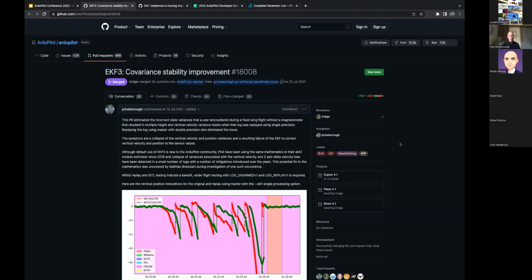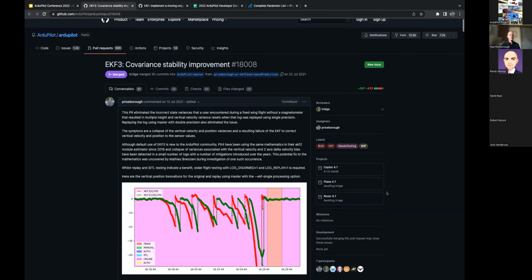So what this effectively means is that if you have a good quality IMU, we can now afford to turn down the process, or if you like, the IMU noise parameters or the bias error parameters, to reflect a high quality IMU without having to be concerned about the filter running into stability issues.